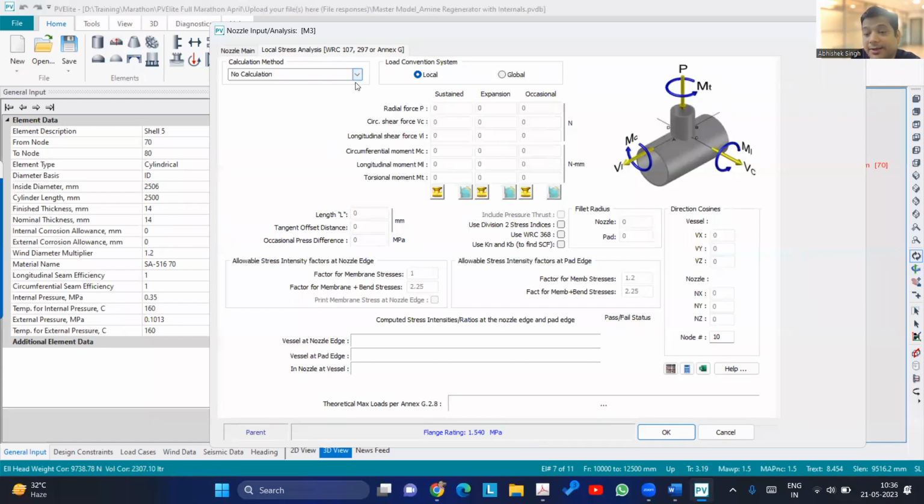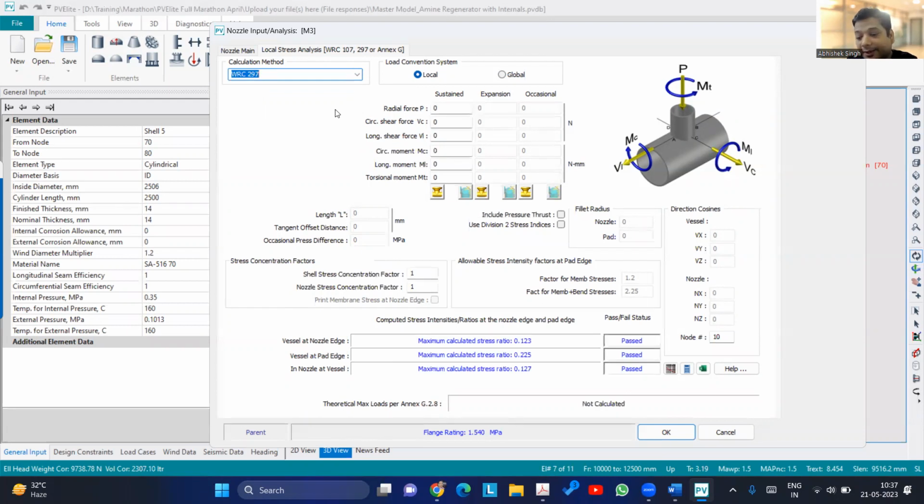Now, if it is on a shell, which option will I take? If I'm analyzing a radial nozzle on shell, 297, no doubt in that, right? So I'll select 297. Now, if I'm selecting 297, only one sustained option is there.